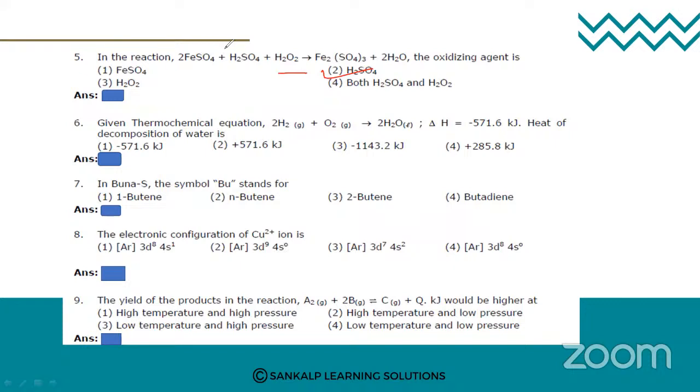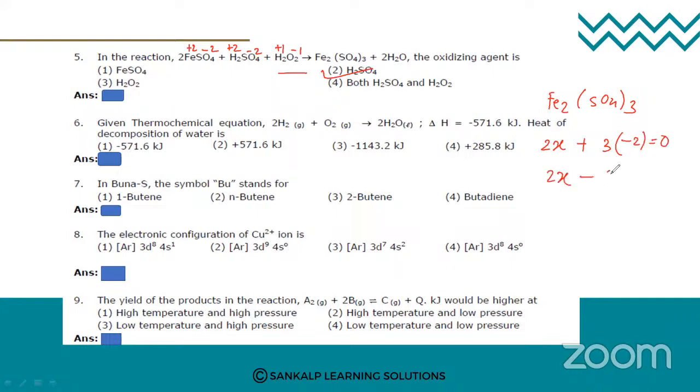What we have to do is find the oxidation state. SO4 is -2, this is +2, this is -2, this is +2, this is -1, so this is +1. Then for Fe2(SO4)3: 2x plus 3 into SO4, which is -2, equals 0.